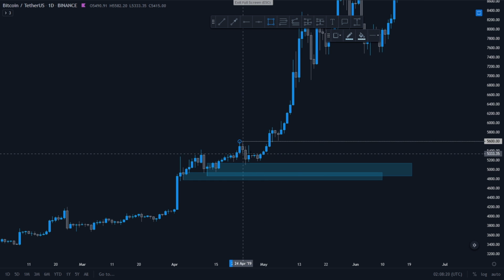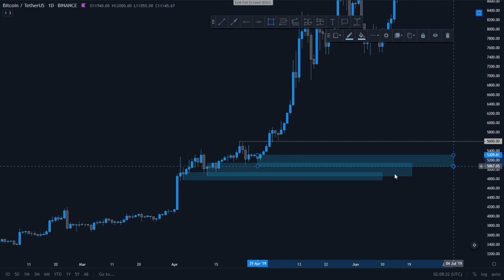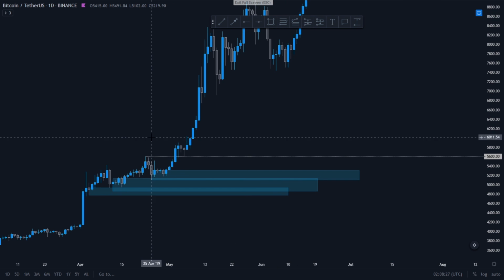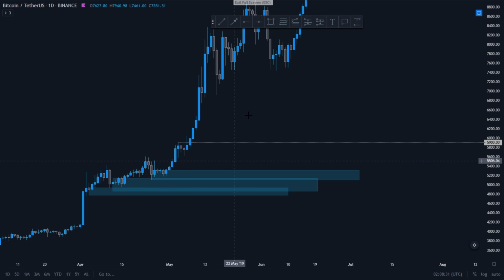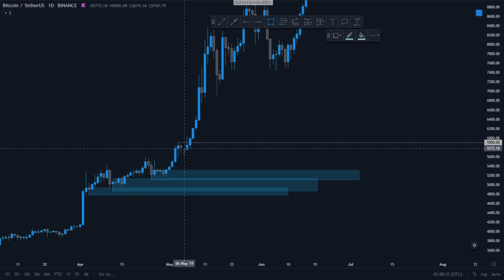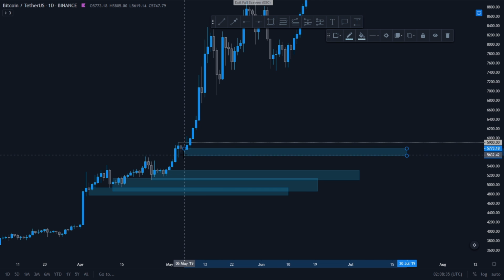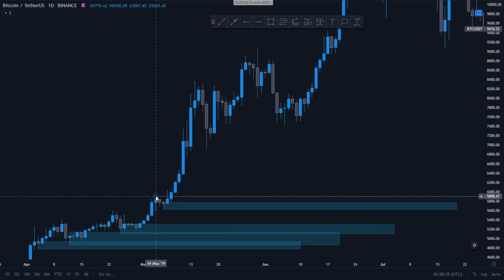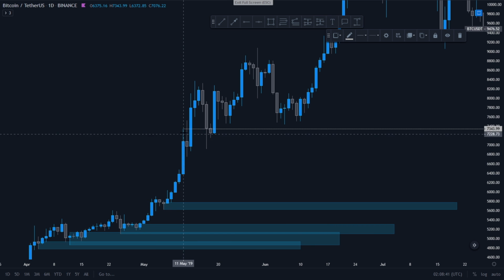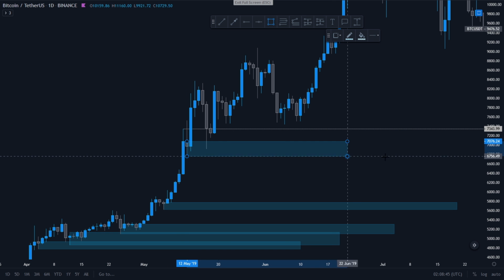Then we have a demand zone here with this low. Alright, demand zone here as well. Then a new high. Demand zone here.